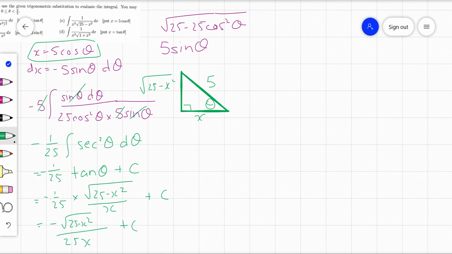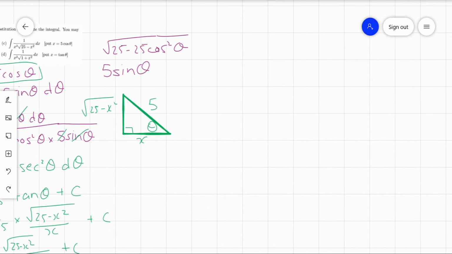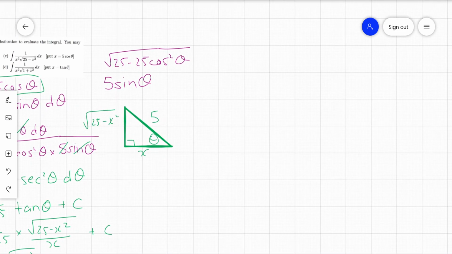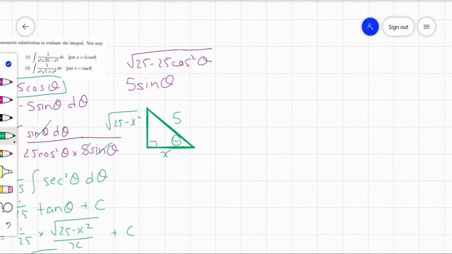So let's have a look at D. For D, let's just move over a tiny bit. It tells us to use x equals tan theta.